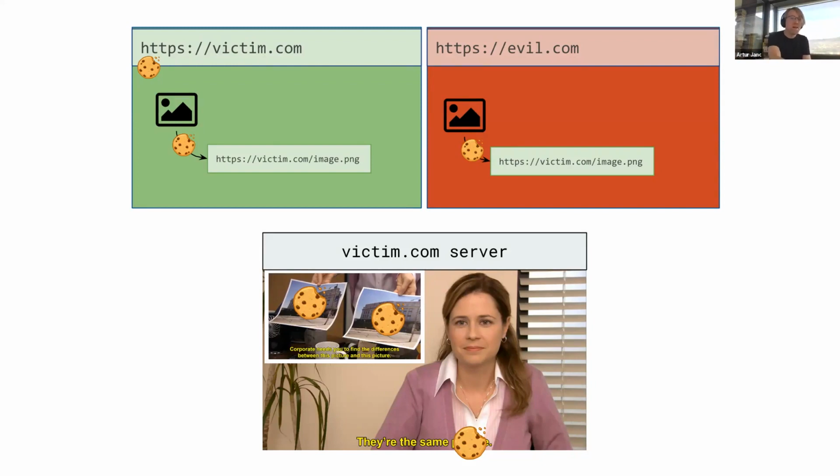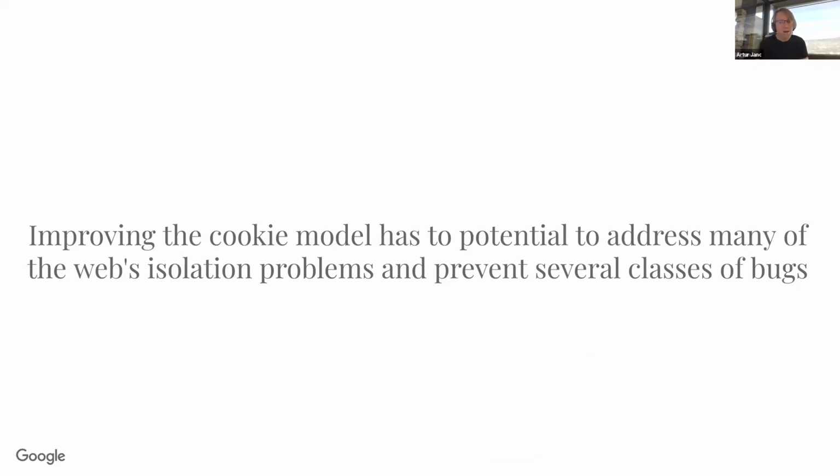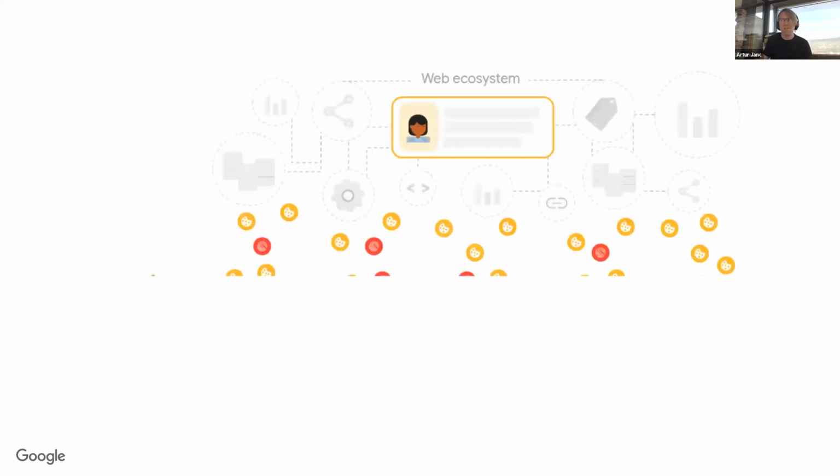So obviously this is good for some things, but it also causes problems because it means that an evil website will be able to send requests with the user's cookies to a victim web server and confuse it in ways that will allow the attacker to attack the user and steal their data. So my argument for the next 7 minutes or so is that if we fix the cookie model, we will also protect the web from these broad classes of vulnerabilities.